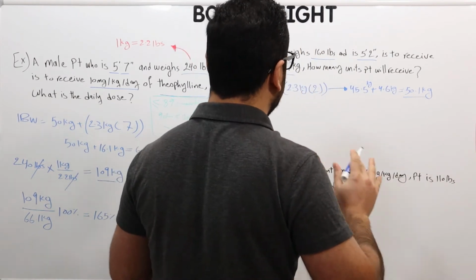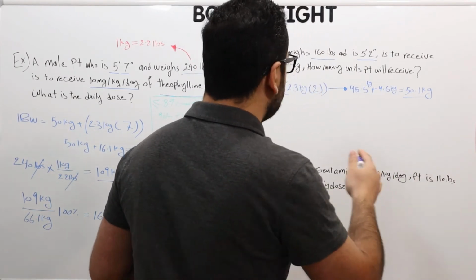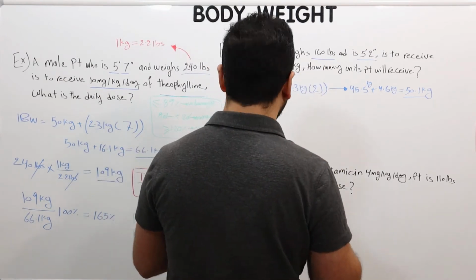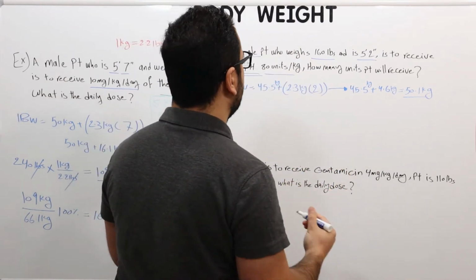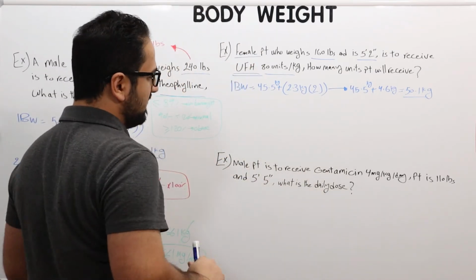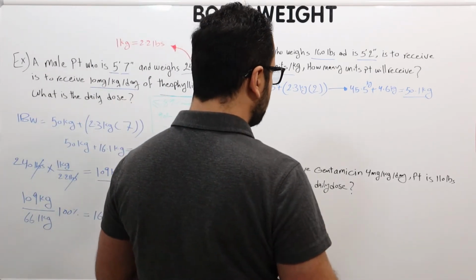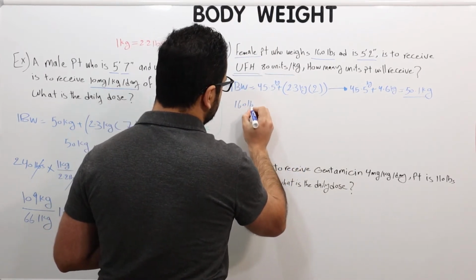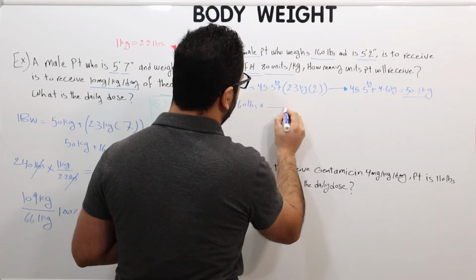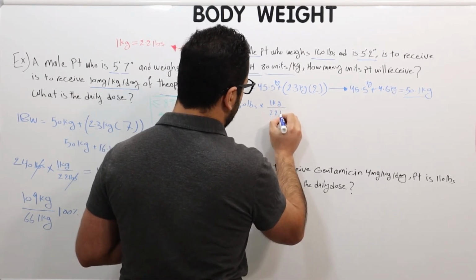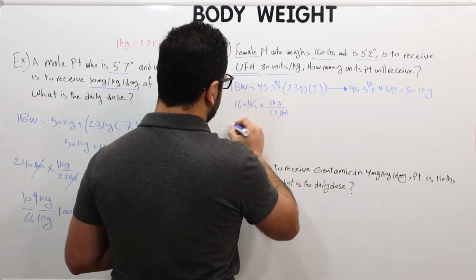So this is what we said we're going to do as the first step. Step number 2, we have the weight in pounds, 160, so we want to convert this to kilogram right now. And don't forget, this conversion factor is right down there. So we have 160 pounds multiplying by 1 kilogram equals 2.2 pounds, pounds cancel with pounds.